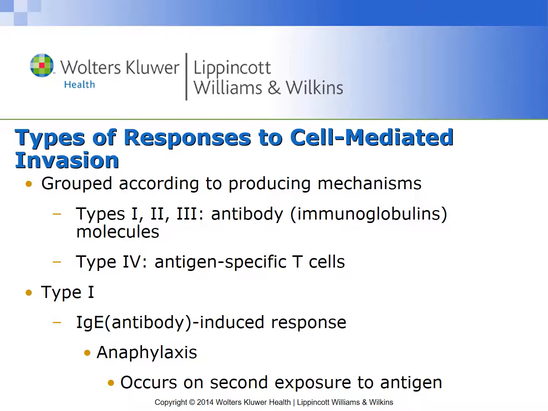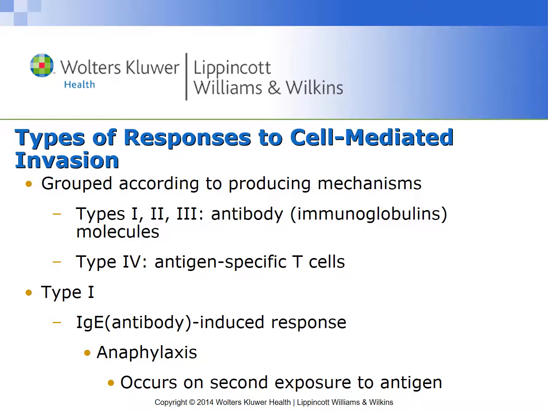Now, anaphylaxis is a type 1, and you can have a mild reaction such as urticaria, or you can have a severe one which causes shock, laryngeal edema, bronchospasms, bronchoconstriction, respiratory distress. It also causes mass vasodilation, and that causes severe hypotension, and the person can have a cardiovascular collapse.